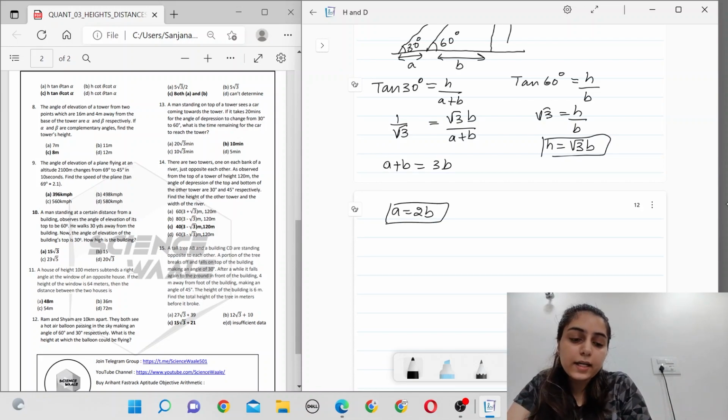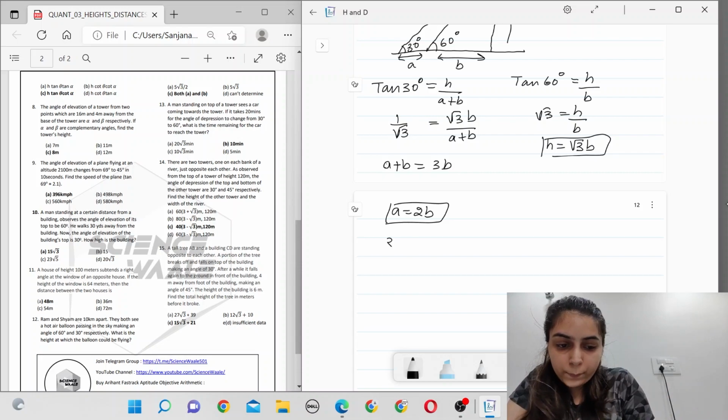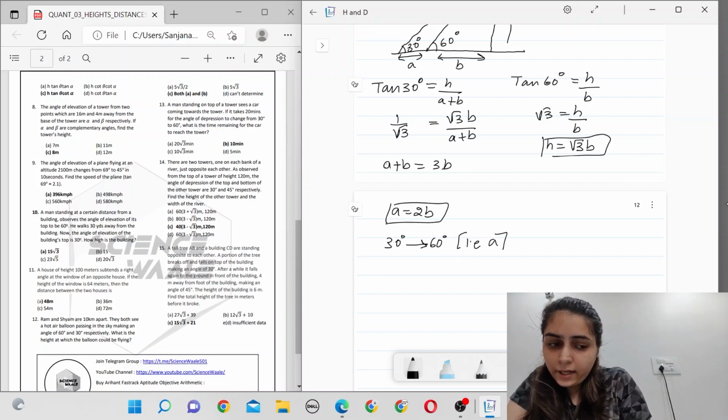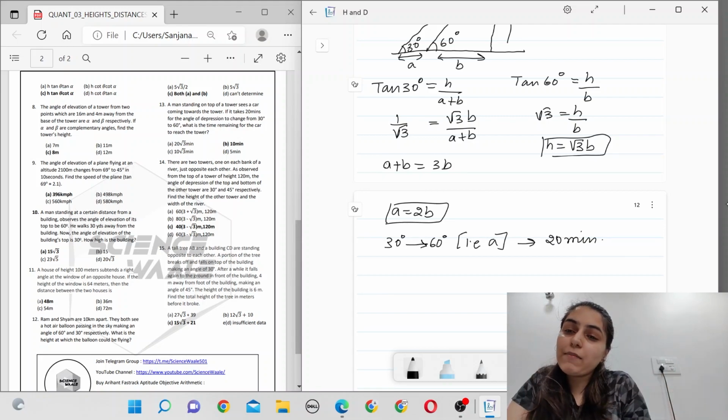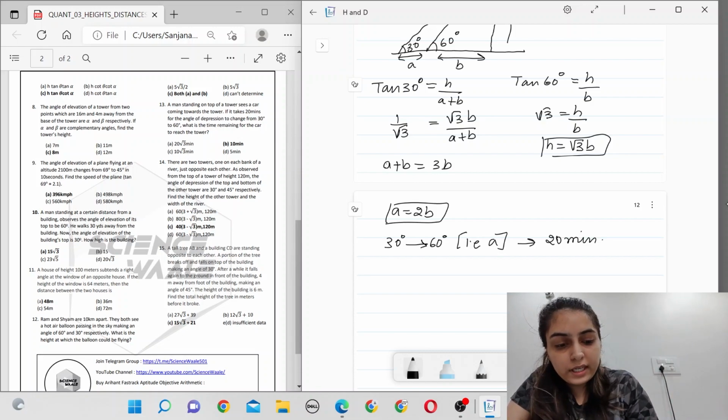Here they have given us that to go from 30 degrees to 60 degrees, that is a, it takes 20 minutes, right? They have asked us how much time it would take to reach the tower. So reaching the tower is b. So for a, if it takes 20, then for b it takes how much?